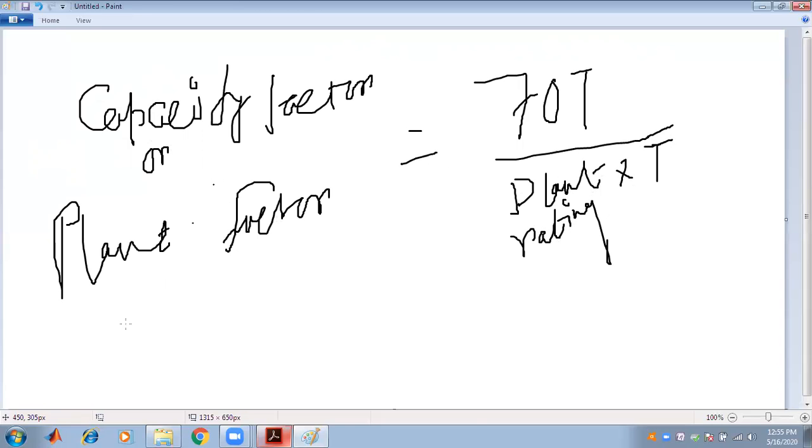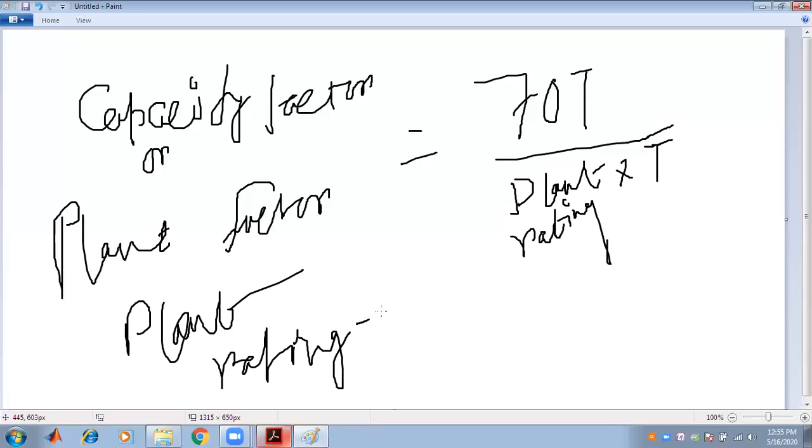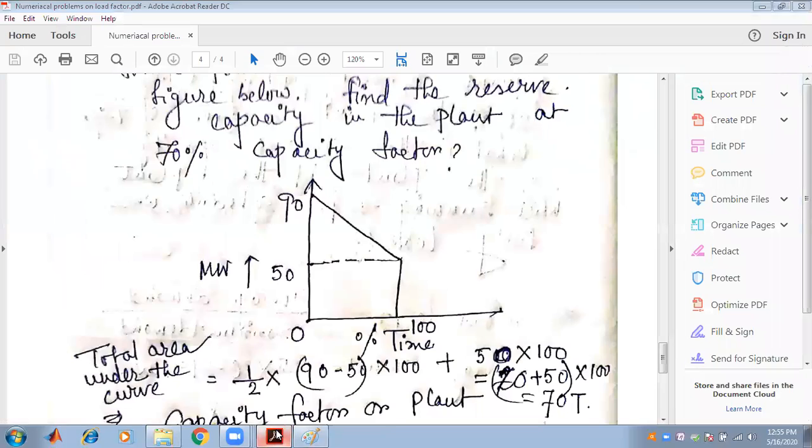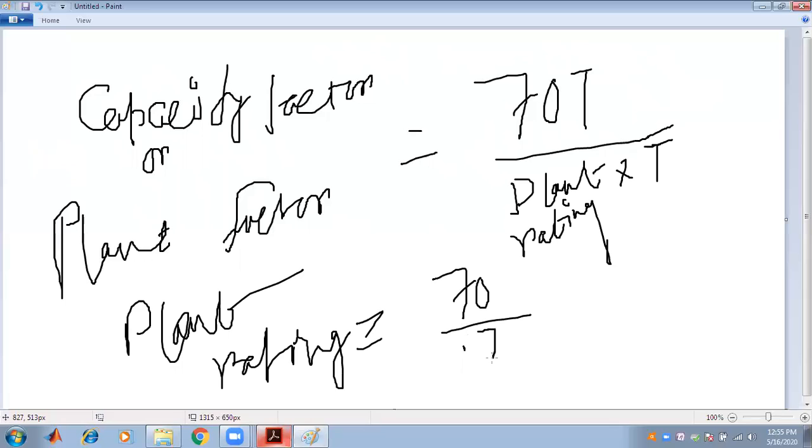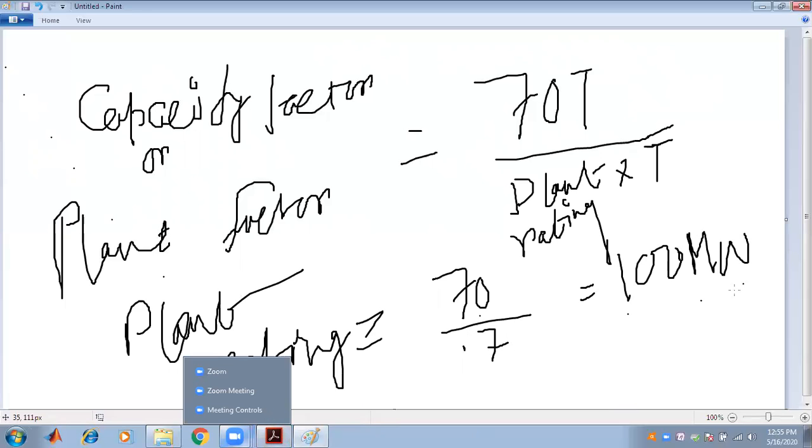Plant rating can be defined as P divided by the plant capacity factor, which is given as 70%. This is 100 megawatt. This is the plant rating, 100 megawatt.